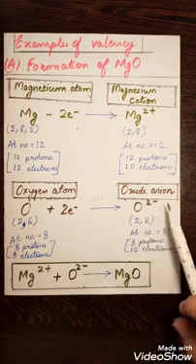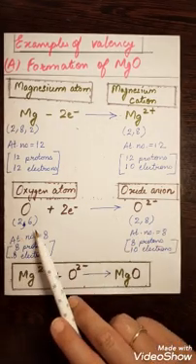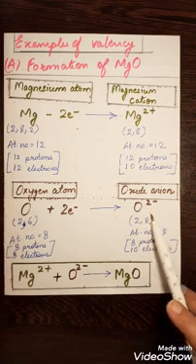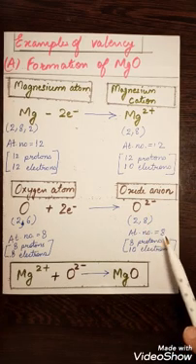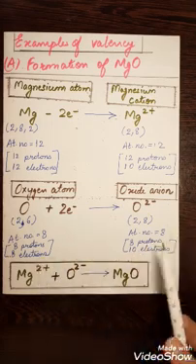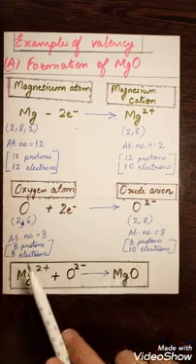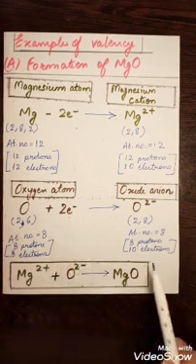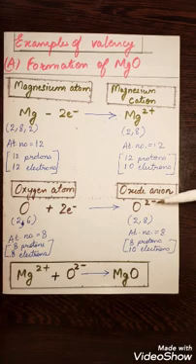The electronic configuration will change from 2,6 to 2,8, and hence it is a stable configuration. Now the atomic number is the same, 8, and the protons will be equal to the atomic number only, but the electron number has increased by 2 units, right? So 8 electrons plus 2 electrons, how many? 10 electrons. That's why it gets a negative charge of 2.